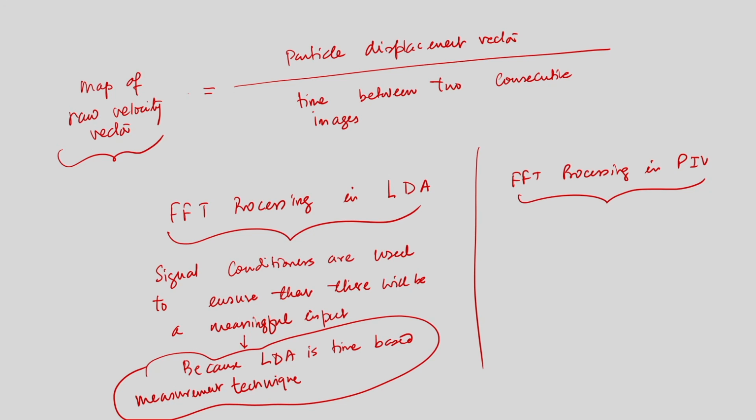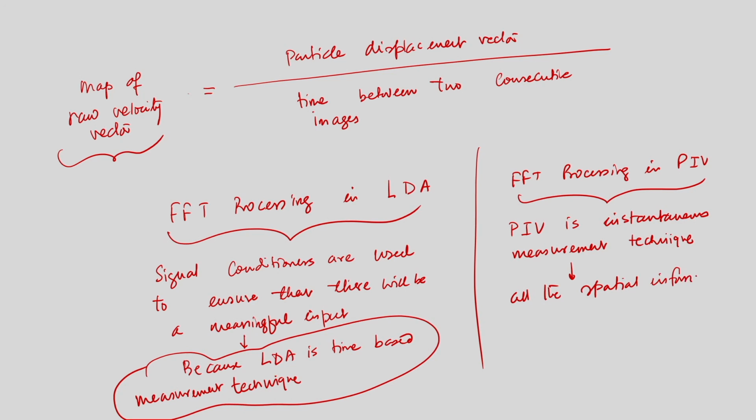But if we do it for PIV, PIV on the other hand is an instantaneous measurement technique, and hence all the spatial information is sampled at the same time.